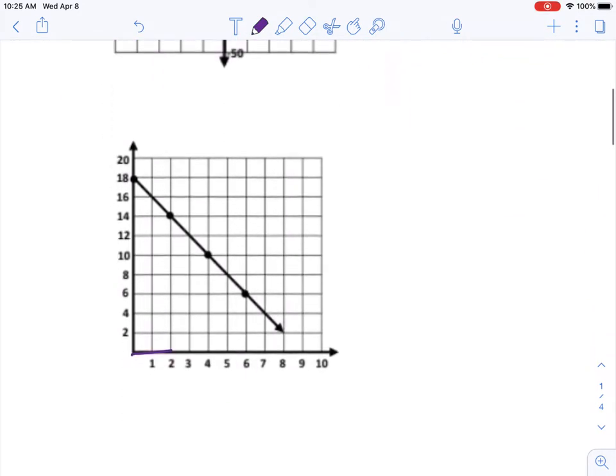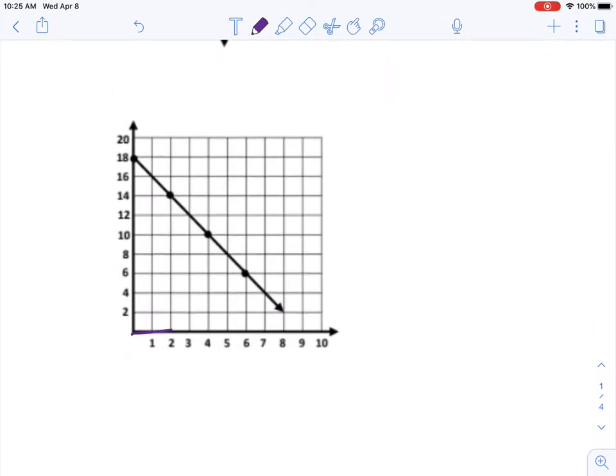Okay, let's take a look at the next one. Here we have points marked on our graph. If I make my little similar triangles, or my little congruent triangles, this change right here, I went from 18 down to 14. So I'm not going down 2.